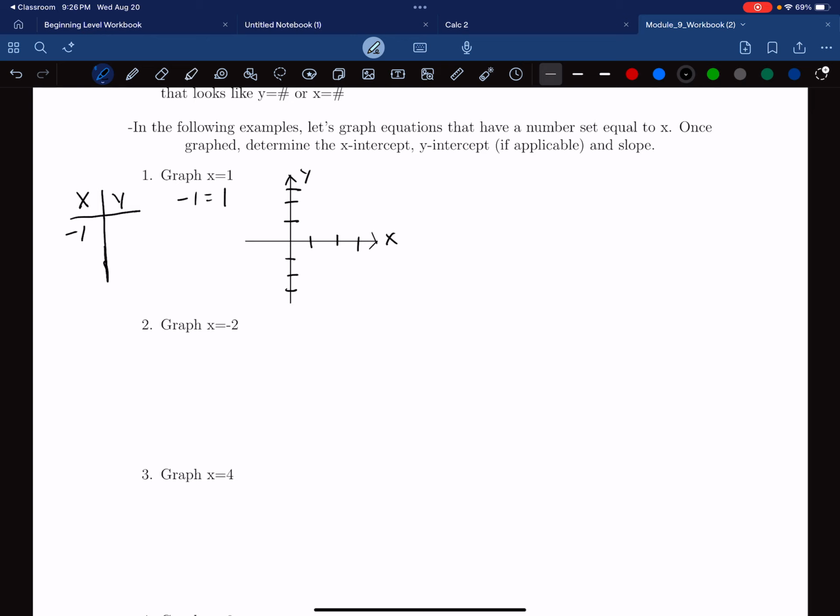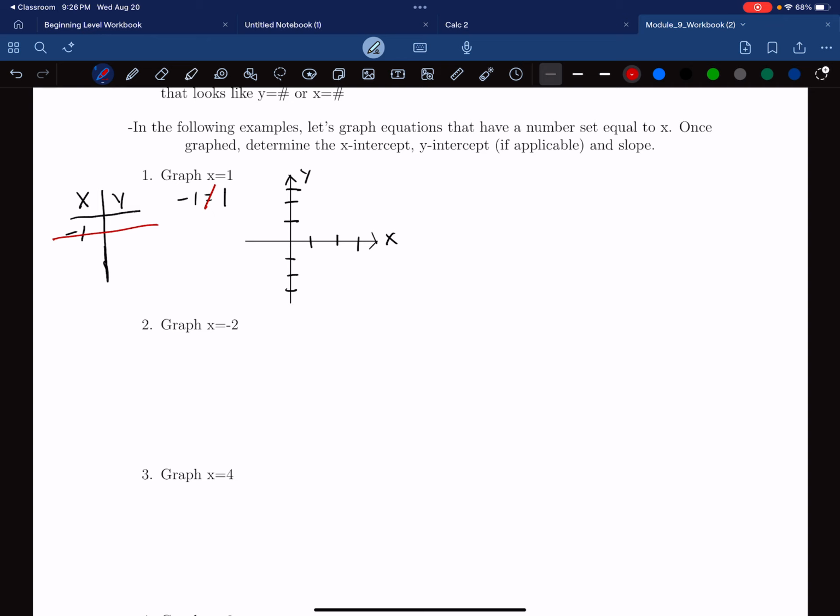Well, we're kind of stuck here, right? And notice that -1 does not equal 1. They're not the same value. So this is a false statement. So the value of x being -1 is not within this graph. The x value of -1 does not exist at all in this graph.